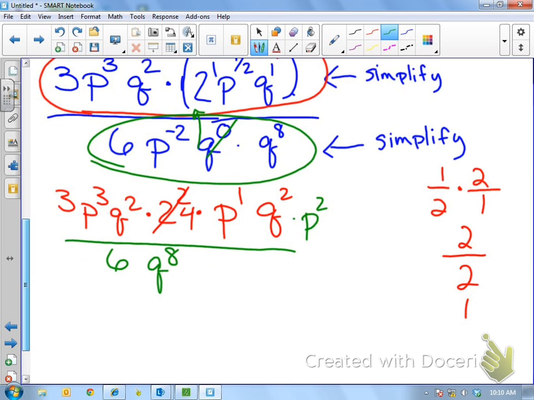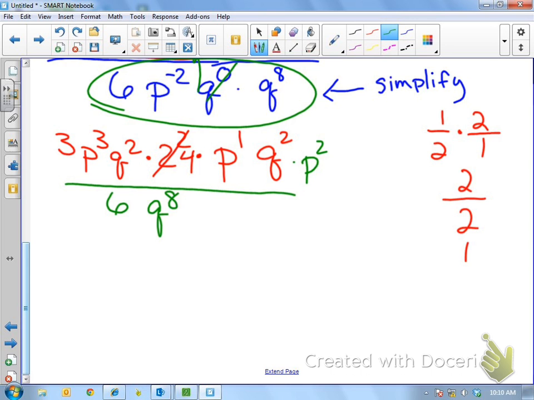So we are almost ready to finish. We still need to simplify the numerator completely. So in the numerator, I have numbers I can multiply together. 3 times 4 gives me 12. Now I have multiple things I can combine for the p's.